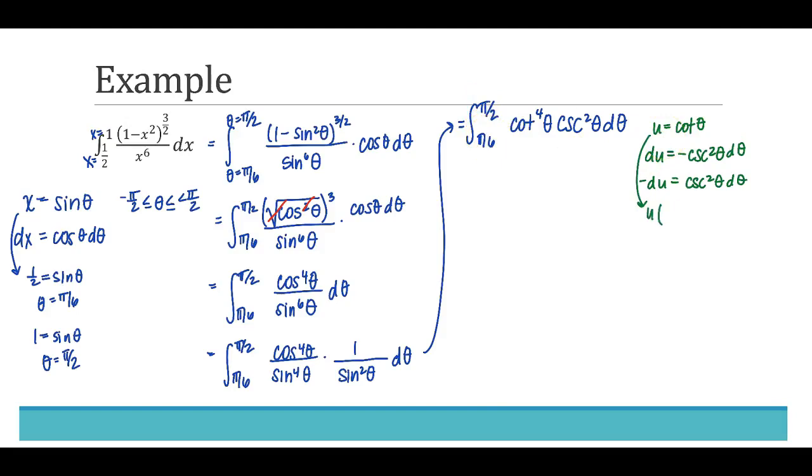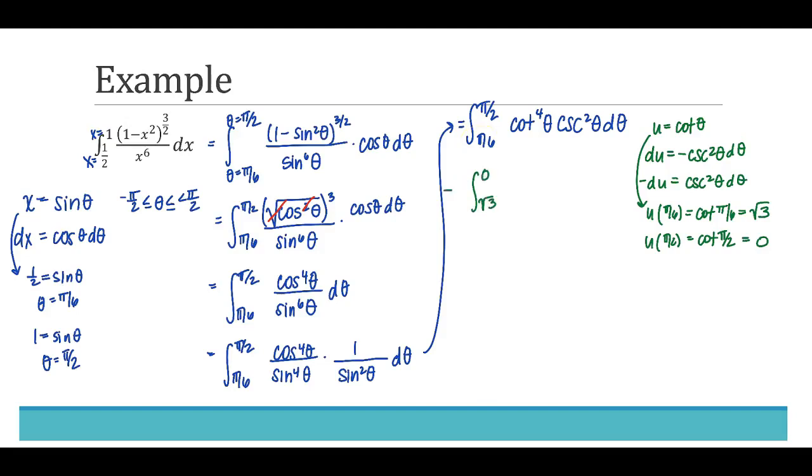So what is u of pi over 6? That's cotangent of pi over 6, which is radical 3. And then what is cotangent of pi over 2? That's 0. So pi over 6 corresponded to radical 3, pi over 2 corresponded to 0.